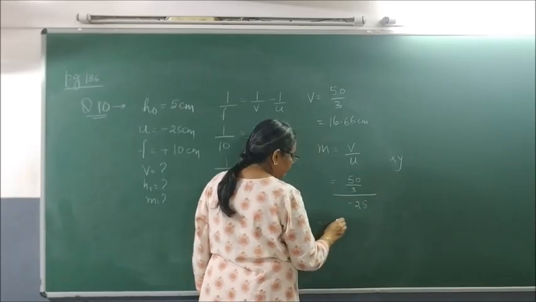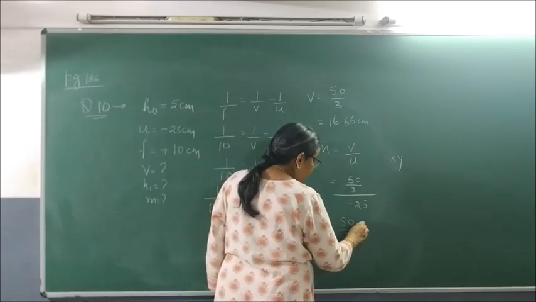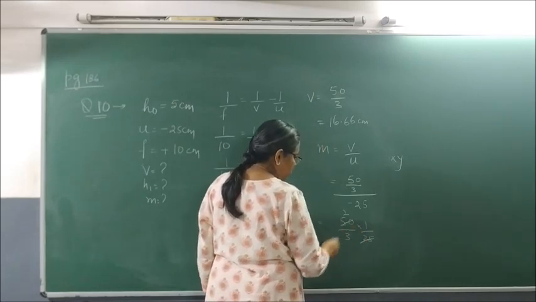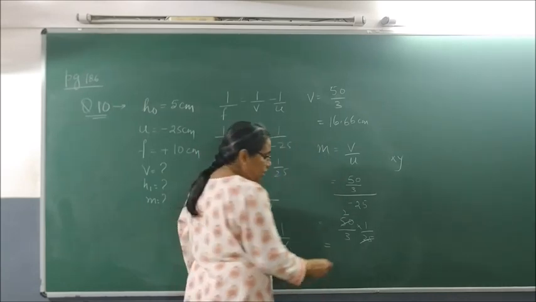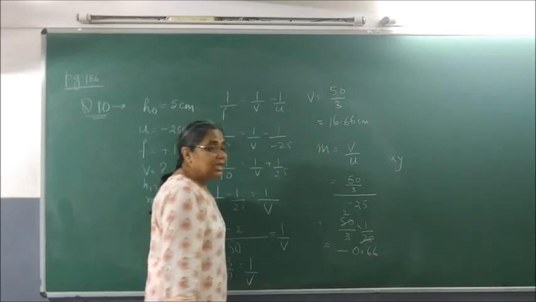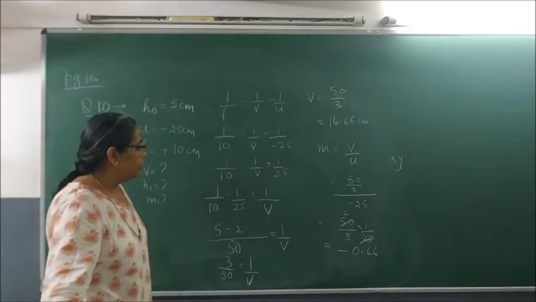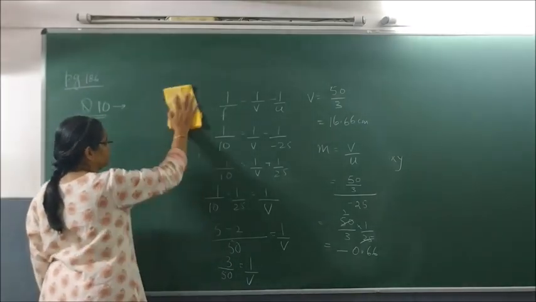So you will get 50 by 3 into 1 by 25. So 25 2s are 50, 2 by 3 is 0.66, minus 0.66, which means the image is diminished. Okay. Now we need to find out what HI by HO. I am doing it here.